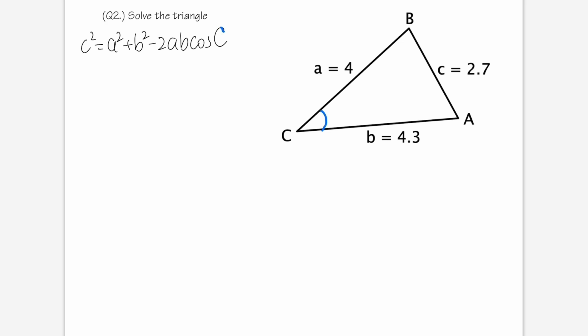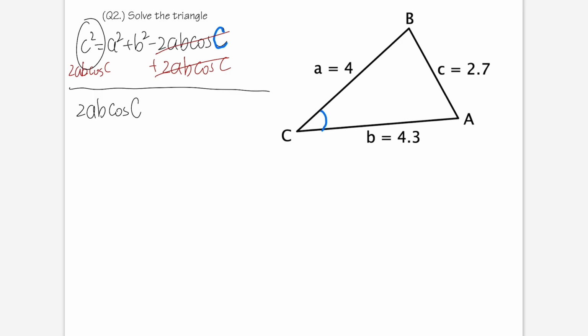Well, we want to find out what the angle C is, so perhaps it's a good idea to just isolate the cosine part before we do anything. I'm just going to add 2ab cosine C on both sides, so that this and that cancel, and we get 2ab cosine C plus the c squared equals a squared plus b squared.